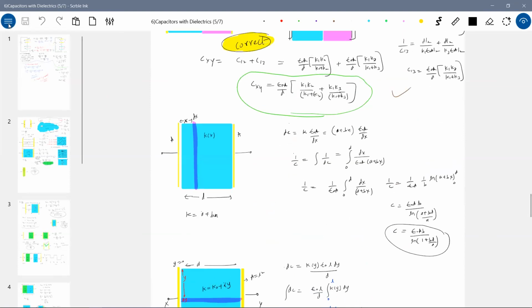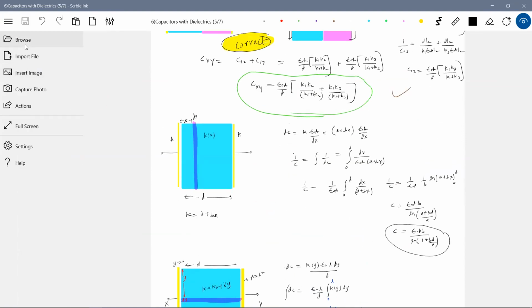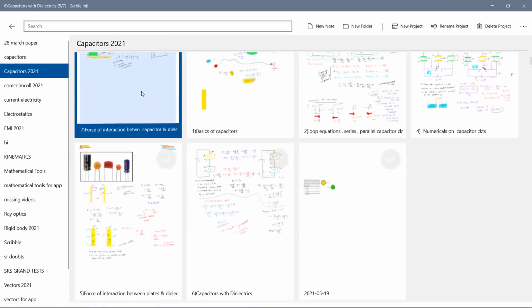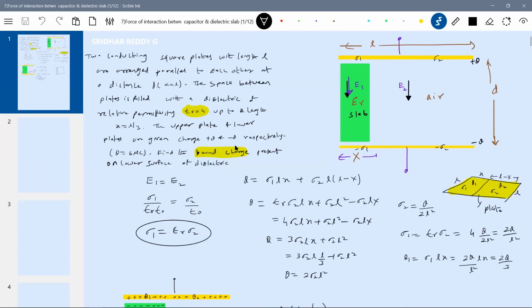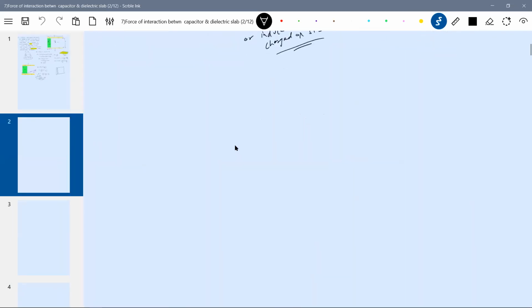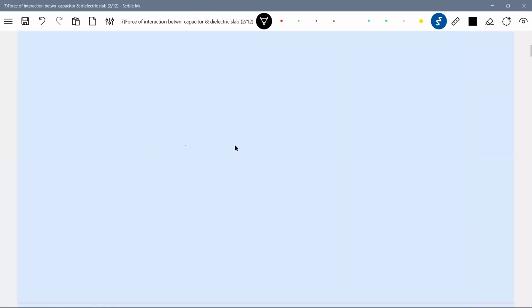Okay, we'll go back to our topic. Now, what was our question? Our topic is force on a dielectric slab. Okay, let's do one thing.